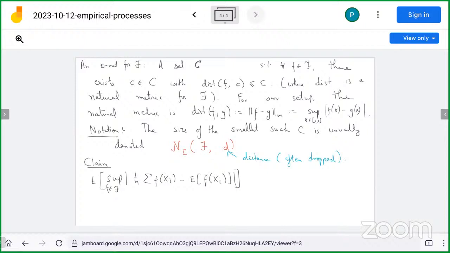Find some function in the epsilon net which is close to any f, and then take the difference. Let me write these obvious things.